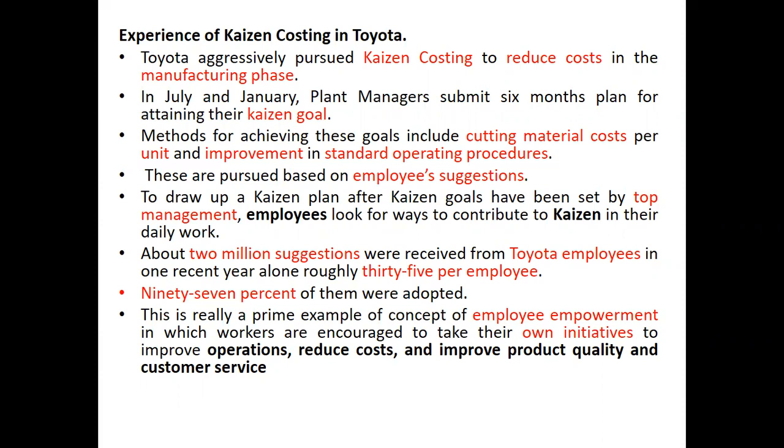Methods for achieving these goals include cutting material cost per unit and improvement in standard operating processes. उन्होंने क्या किया, मटेरियल के कॉस्ट में, मटेरियल में कॉस्ट रिडक्शन करने के लिए टारगेट गोल सेट किए.